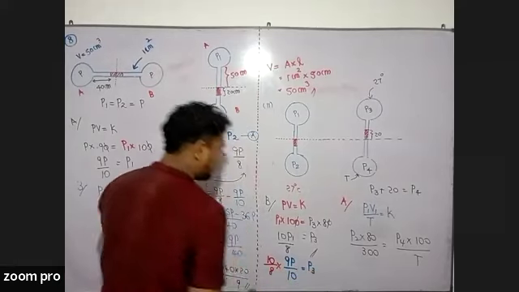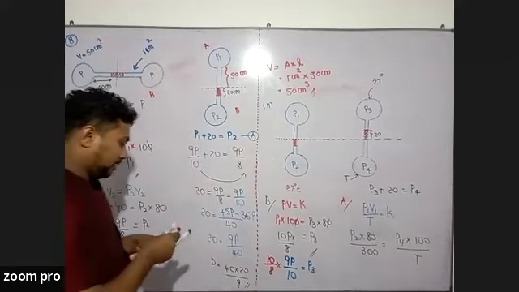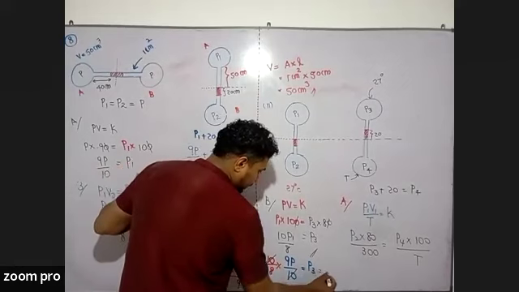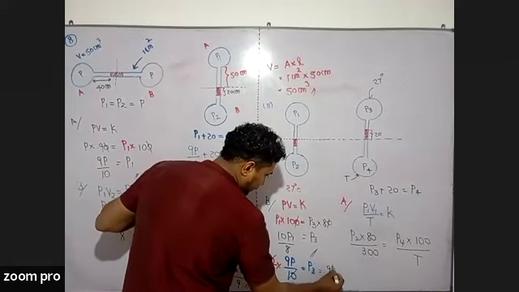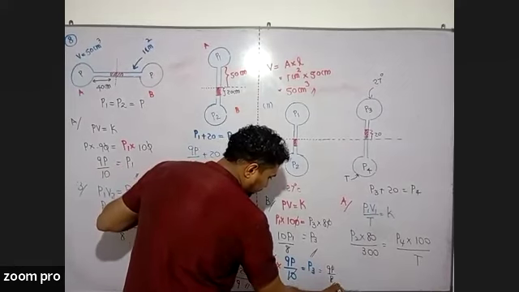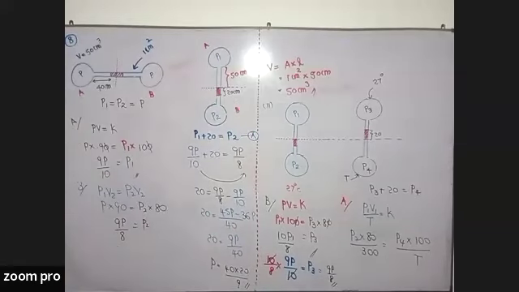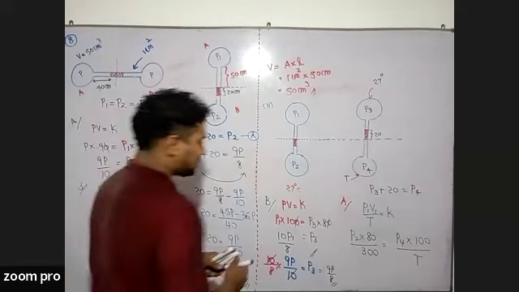That is the value for P3. But these are cancelled, and then it should be equal to 9P over 8.